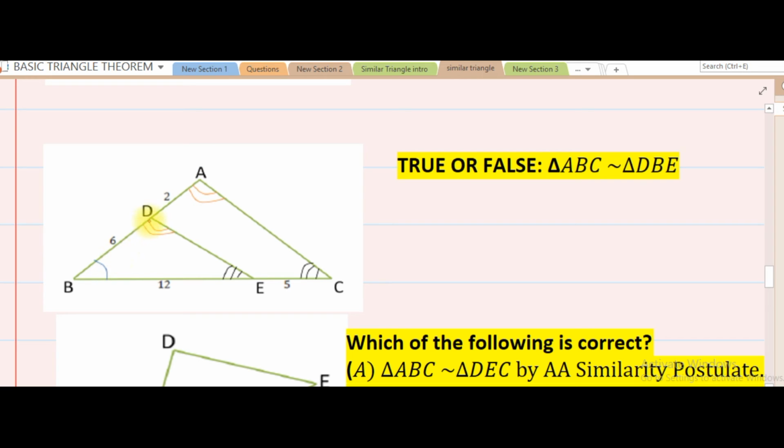Side DB corresponds to AB, so 6 over 8. Let's see whether it will be equal to 12 over 17. They are not equal, because 6 times 2 is 12, but 8 times 2 is 16, not 17. So the answer is false. The ratio of the sides must be proportional.